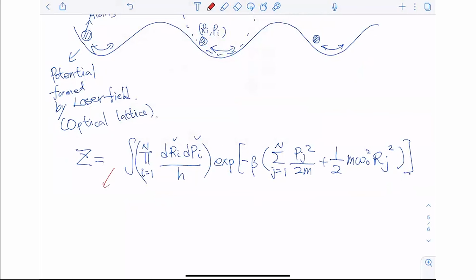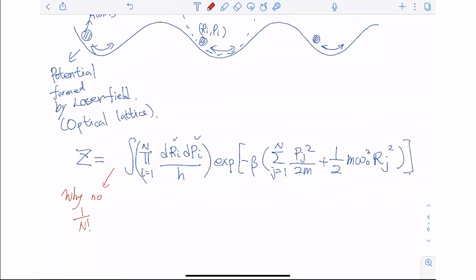So here's the question. Why is there no factor of 1 over n factorial? The answer to that question is related to whether, even though we are dealing with identical particles, we can label those particles by some method.